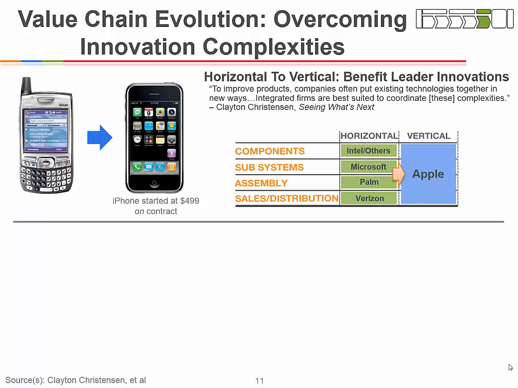implication there. Christensen explains it this way. To improve products, companies often put existing technologies together in new ways, and integrated firms are best suited to coordinate these complexities. So the question is, why wasn't Palm successful like the iPhone? Palm was successful, but they weren't as successful as the iPhone was.